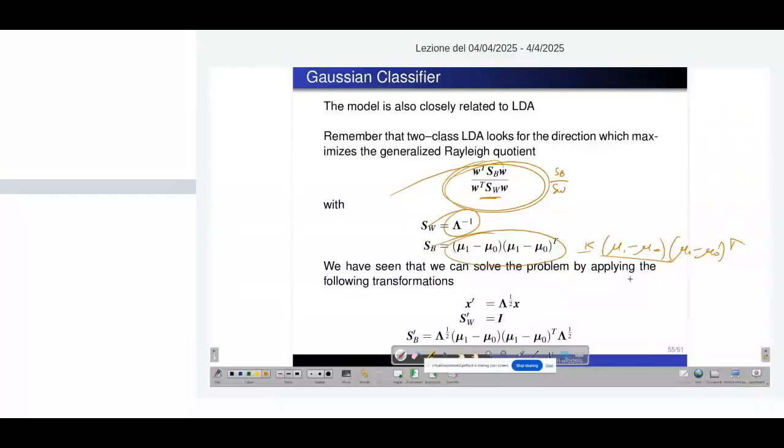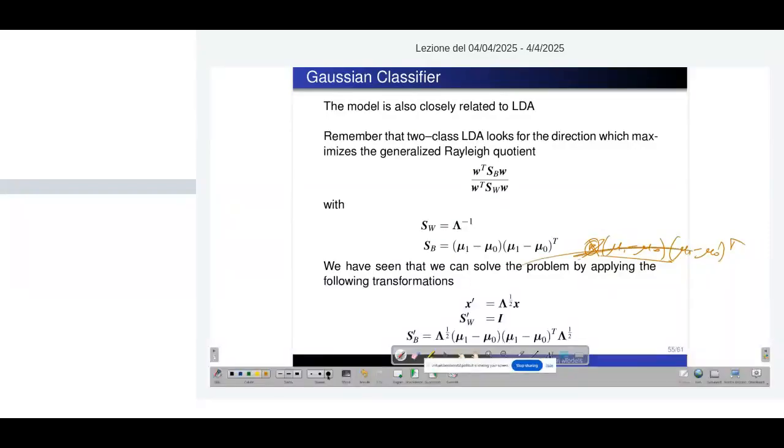This holds for a binary problem. It's just a matter of taking the definition of the between class covariance and manipulating it a bit. Then since we are optimizing the ratio, this constant does not depend on W, so we can just throw it away. It doesn't really matter what the value is.